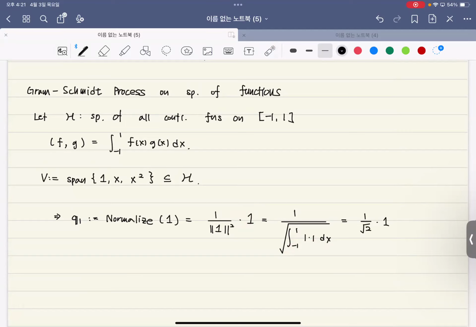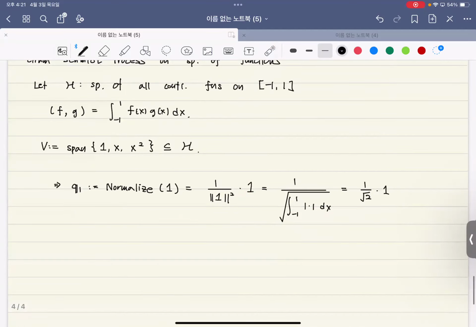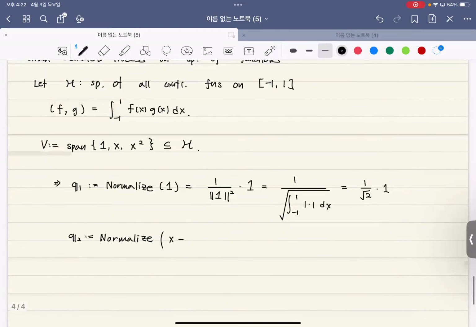So this is your first orthonormal basis vector. And what about Q2? Q2 is obtained by normalizing x after I subtract the Q1 component of x from x. So what is the Q1 component?